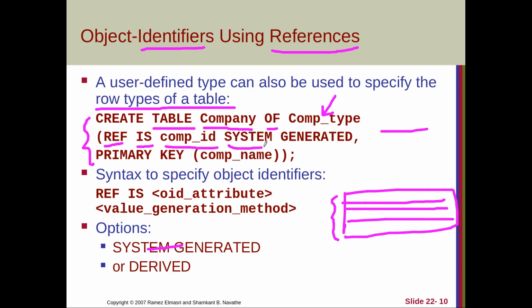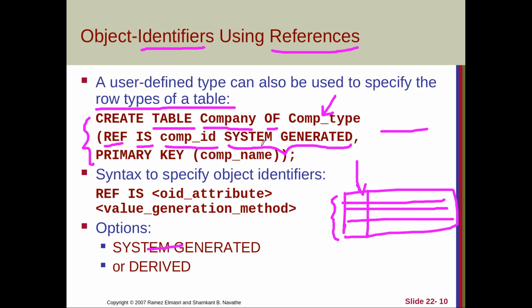I have given system generated. So when we create a table with company type, this table structure will be created. Here the identity of that table can be created by using company ID, that is reference is company ID.